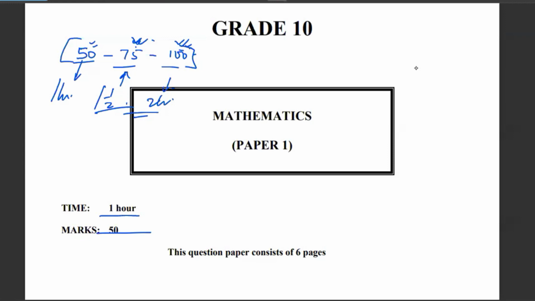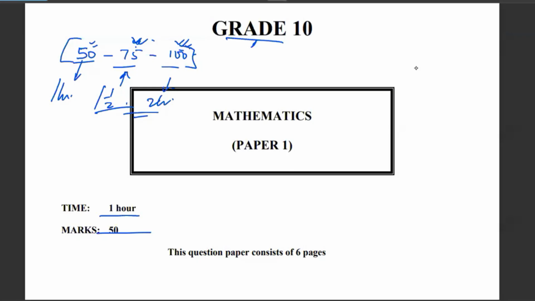So the topics that we can anticipate for paper 1 in mathematics. Remember this exam must be a combination of term 1 and term 2's work. But we know that in term 2, whatever work is done is mainly for paper 2 and not necessarily paper 1.